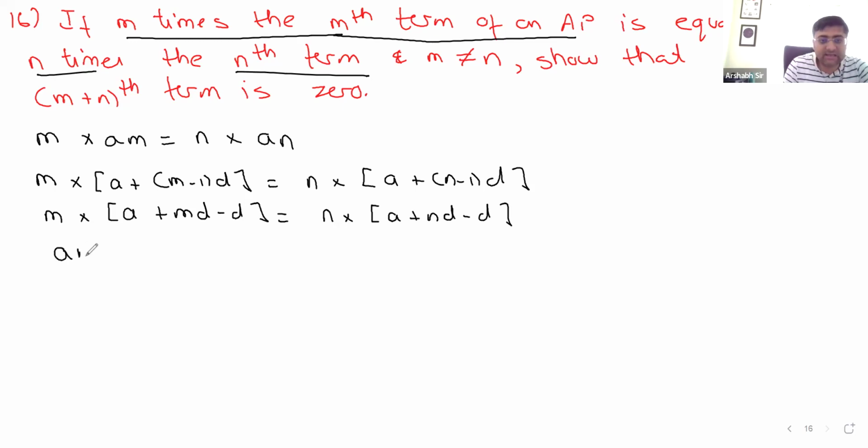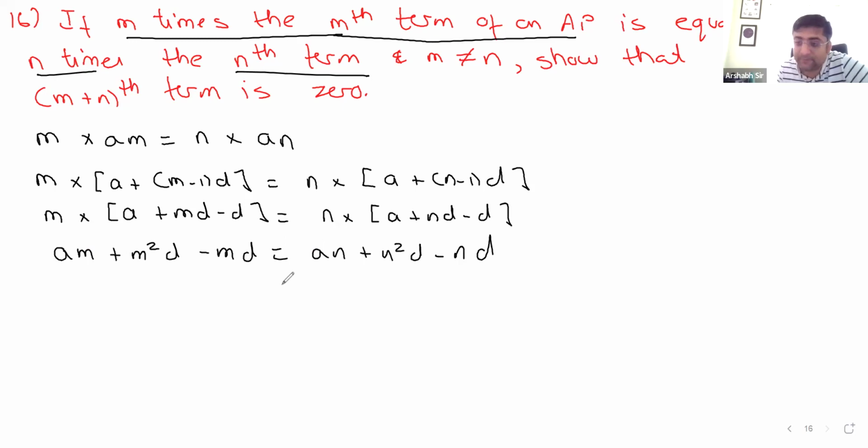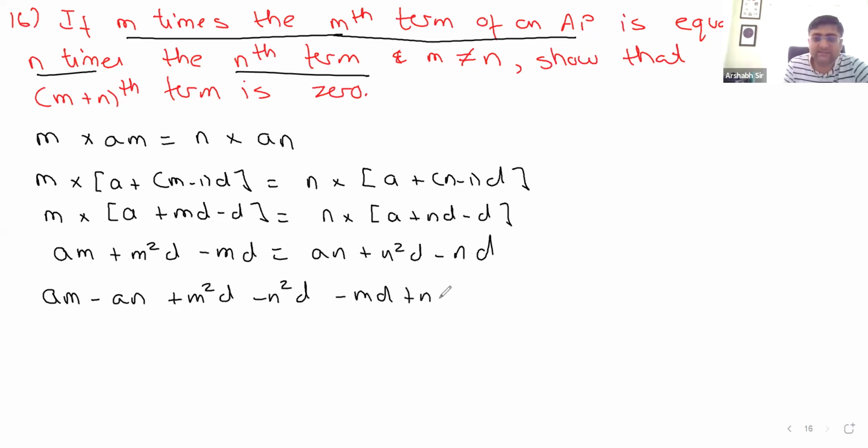So we get this as am plus m square d minus md is an plus n square d minus nd. Till here, any doubt for any child? Clear? Now bring everything to the LHS. So am minus an plus m square d minus n square d minus md plus nd is equal to 0. Do you agree?